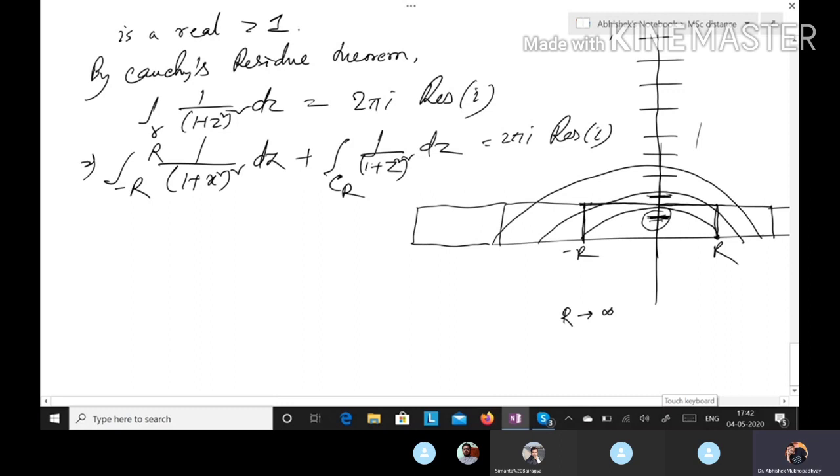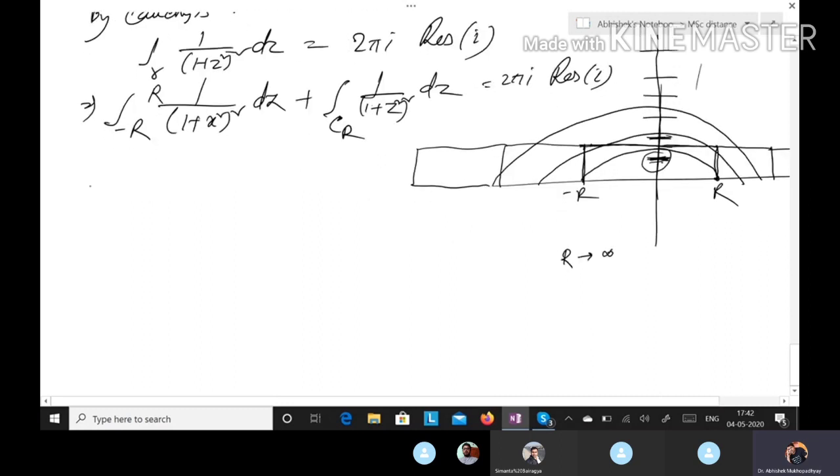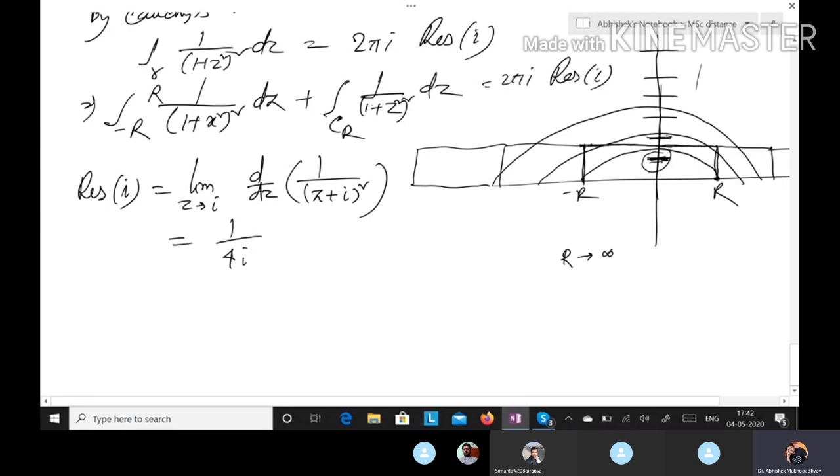You need to evaluate only one residue at i, but i is a double pole. So you have at hand the formula for a double pole. That is, limit z tends to i of d/dz of 1 by (z plus i) squared. If you calculate this, it will be something like 1 by 4i.